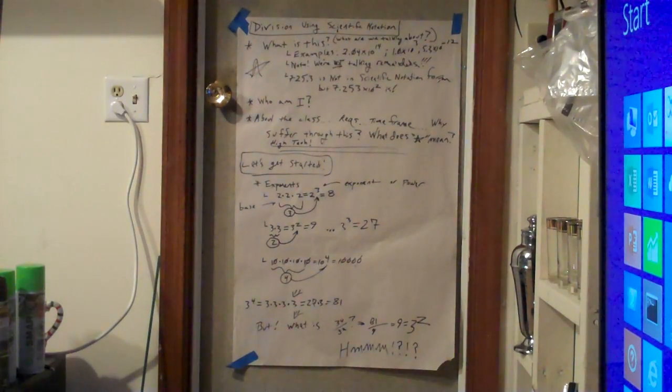Nowadays, people say, well, I don't really need to understand division using scientific notation. Well, maybe not. One of my hobbies is boat building, and I've had to do battle with long division by hand, because I couldn't find a calculator and the computer wasn't convenient.